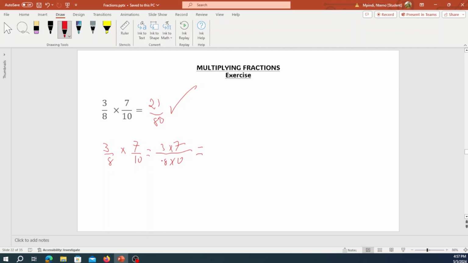So 3 times 7 equals 21. And then 8 times 10 equals 80. Right? That's how you get it. That's how I end up getting the final answer. Okay?